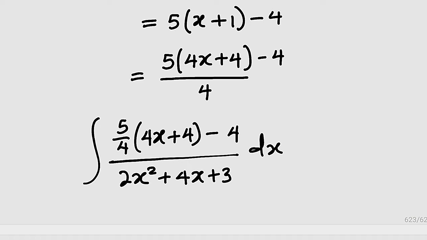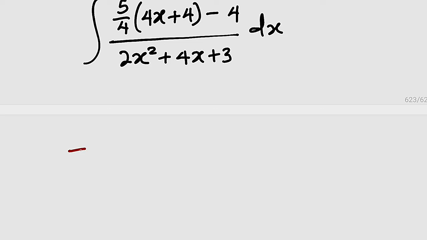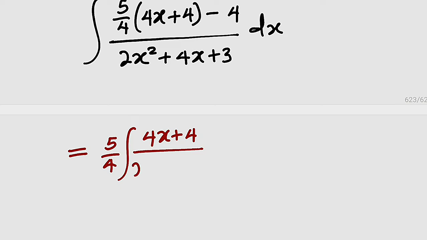Now let us split this fraction because we have two terms here. So this is the same thing. I can bring 5 over 4 outside because it is a constant, multiplied by the integral of 4x plus 4 divided by the whole of 2x squared plus 4x plus 3 with respect to x.